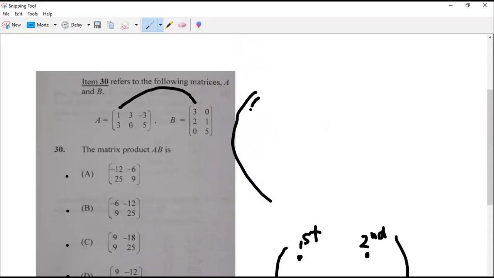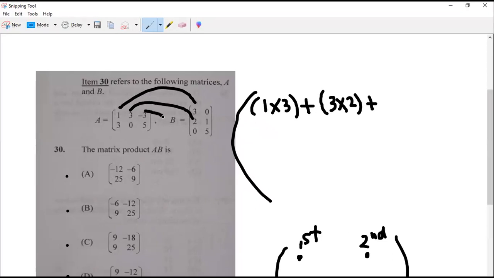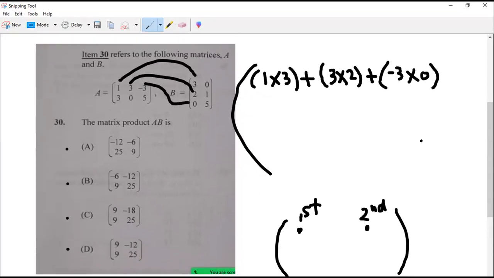So it's going to be 1 times 3, plus 3 times 2, plus negative 3 times 0. All right, so all of that will give us what? The first value. Can someone tell me what that answer is?